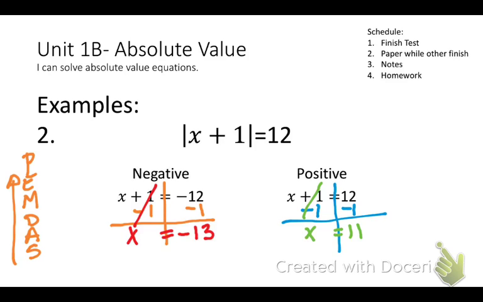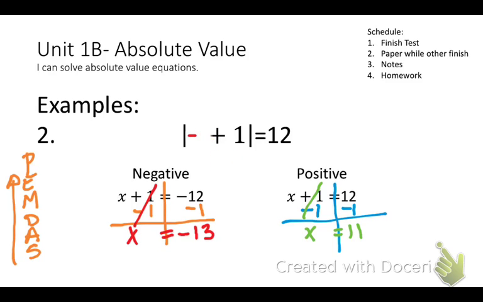And I can double check this. I can go and say, all right, well, I'm not sure I did this right. Let's see what I've got. So let's take out my x here, and let's put in my -13. Well, -13 plus 1 gives me -12. The absolute value of -12 is +12. Wow, that worked great.